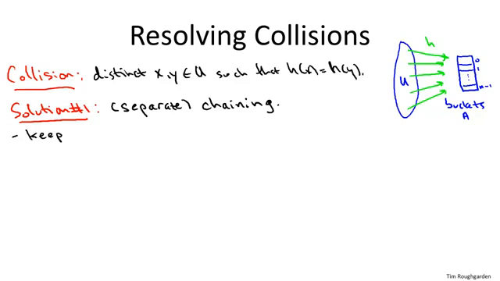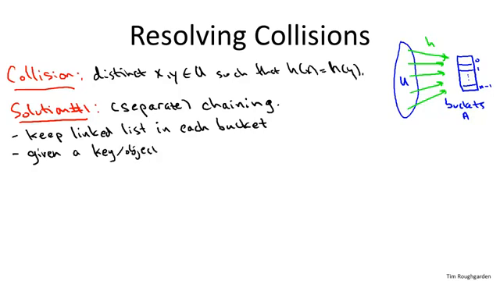So each of the n buckets will not necessarily contain just merely 0 or 1 elements. It will contain a list with an in principle unbounded number of elements. When we use chaining, it's then quite straightforward to figure out how to implement all of the hash table operations, namely insert, delete, and lookup. You just hash something to the appropriate bucket, and then you just do insert, delete, or lookup as appropriate in the list that's in that bucket.